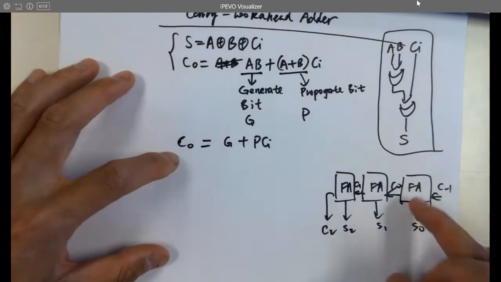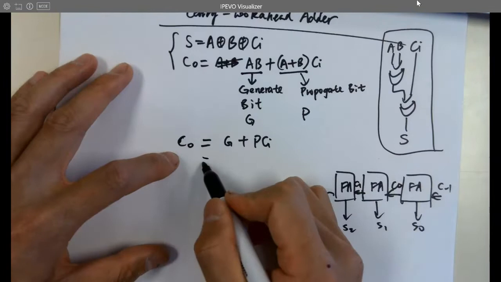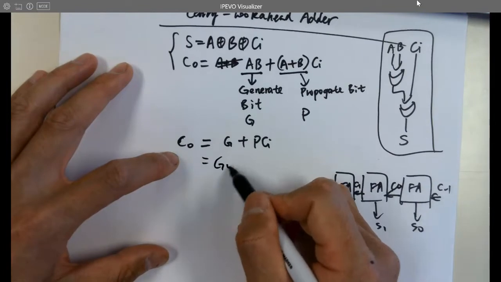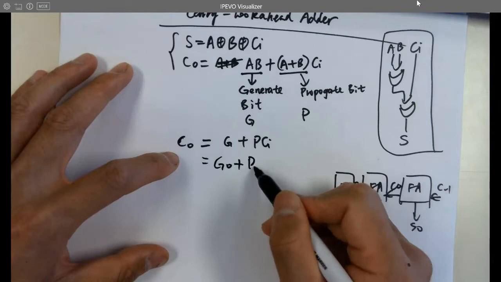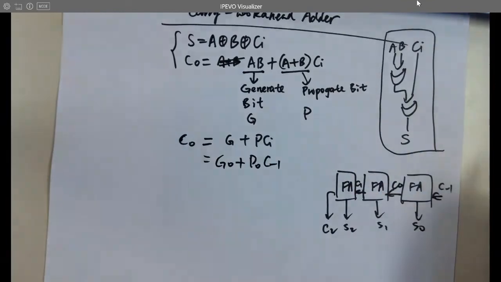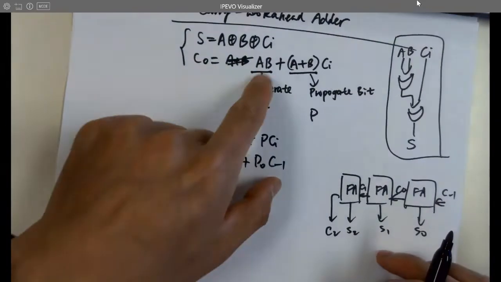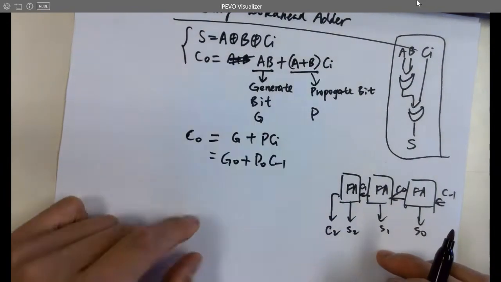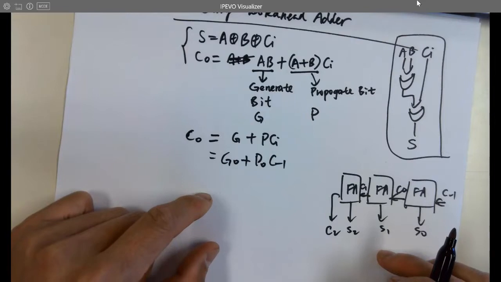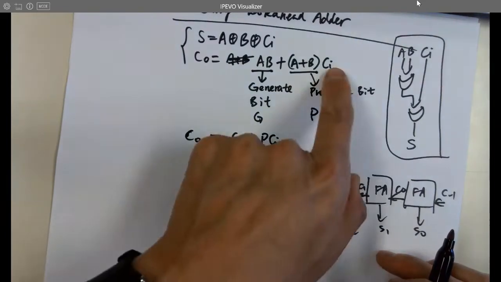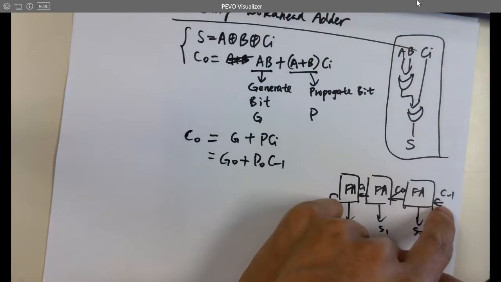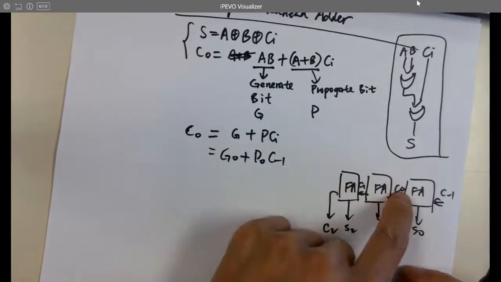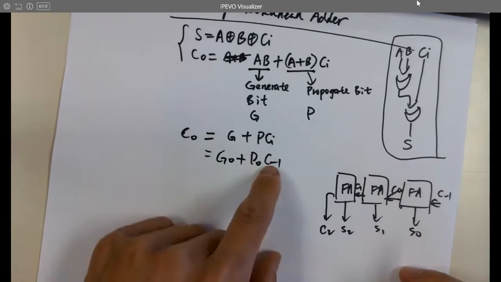So C0 equals G0 or P0 C minus 1. Is that correct? G0 or P0, yep. So G0 is A0 B0. P0 is A0 or B0. The carry is CI, right? So it's C in for the first one. Because CO is here, C in is actually C minus 1 in here.